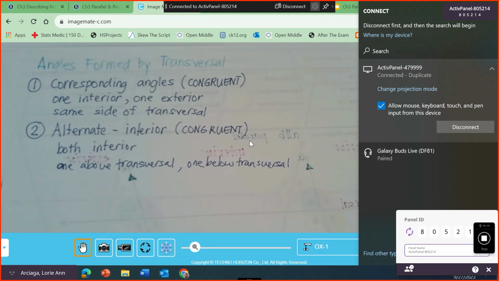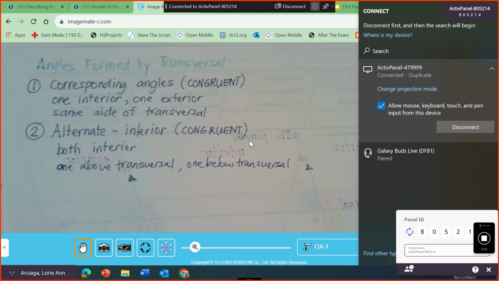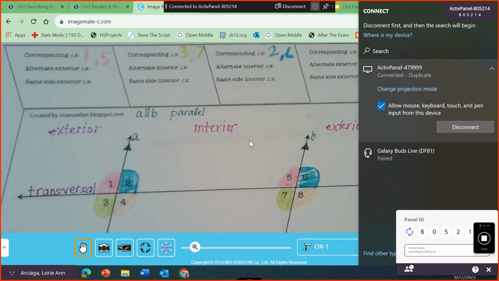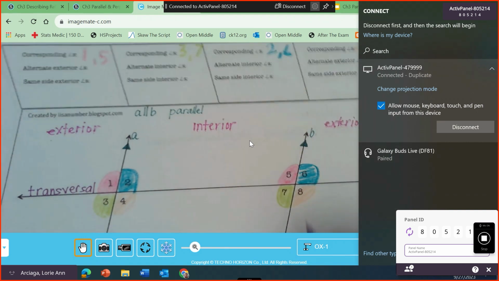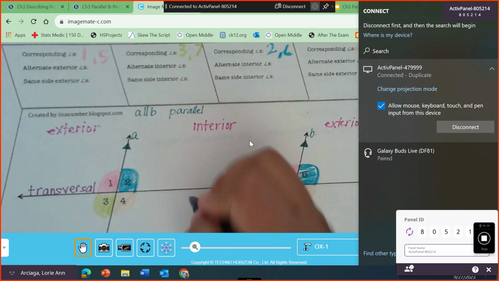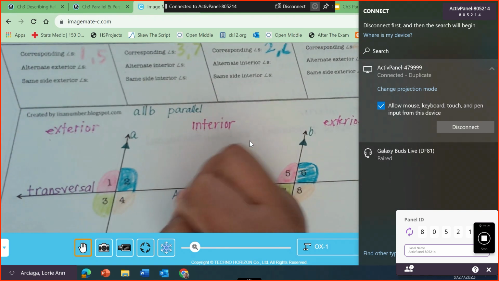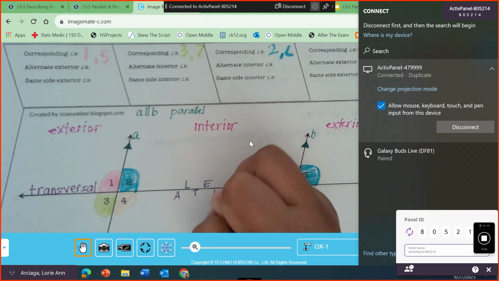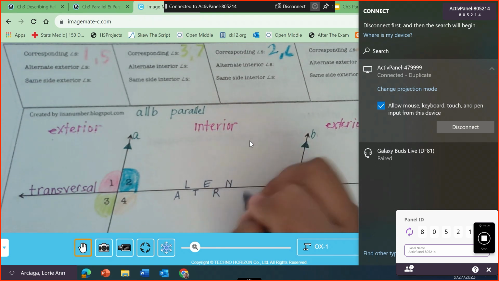I'll switch when you're ready. Okay, on the front side, here we go. So let's do alternate interior. Alternate means one is above, one is below, so that's alternate.